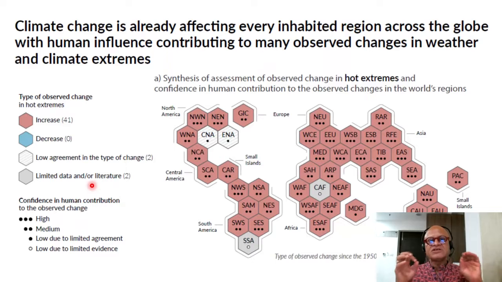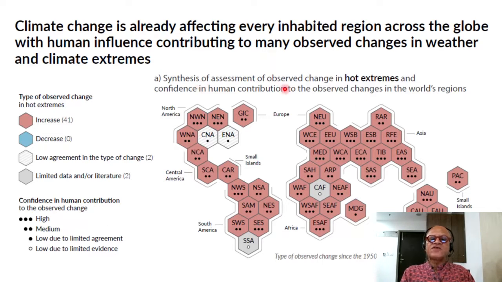Remember, IPCC synthesizes all the published results and then carries out model experiments for future projections. So confidence in human contribution to the observed change is high, medium, low, and low due to limited evidence. So you have to be careful about that as well.